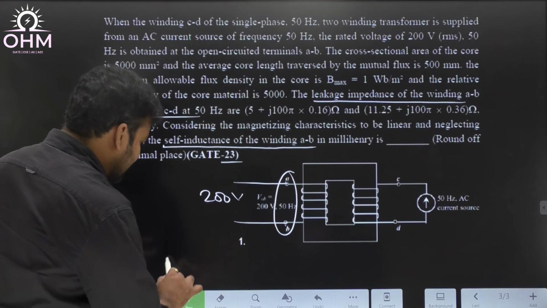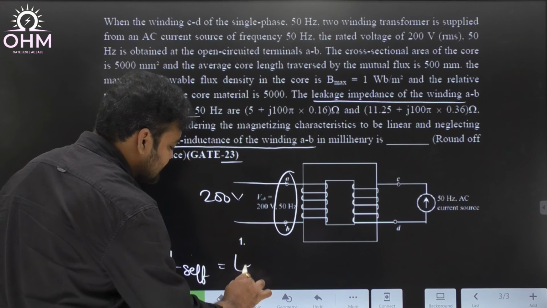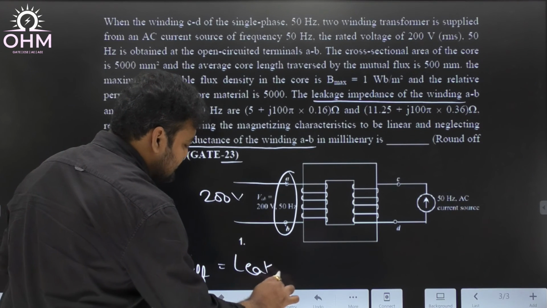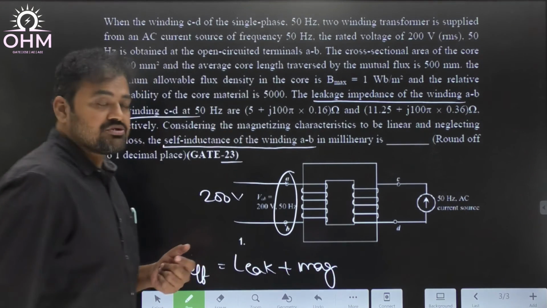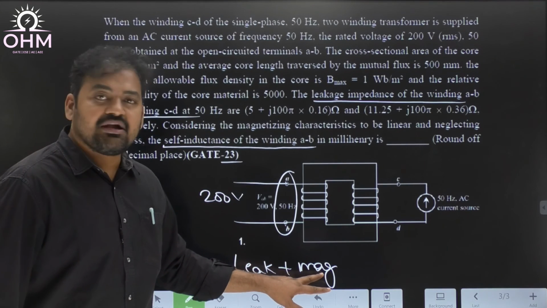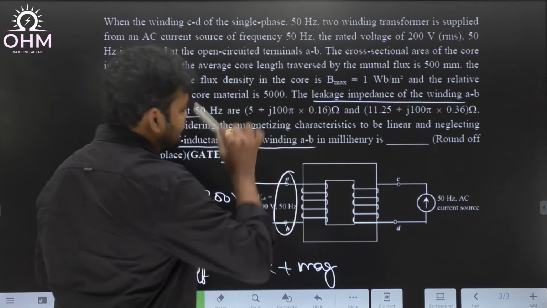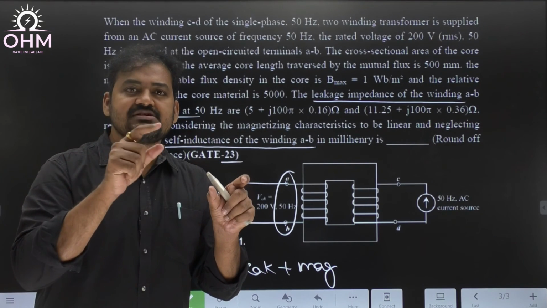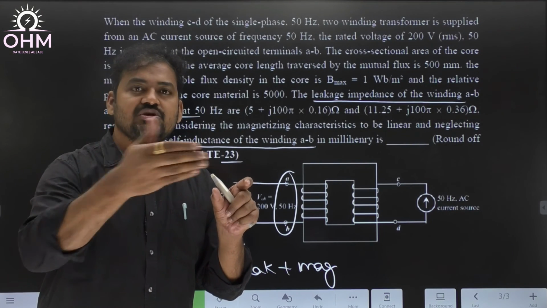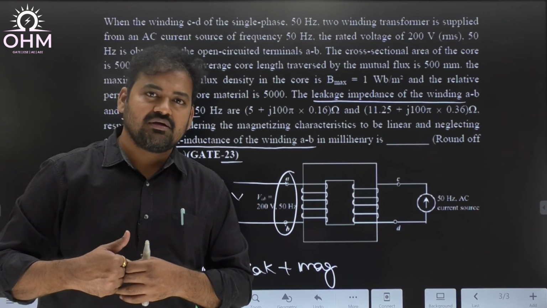We know self-inductance is equal to leakage inductance plus mutual, or you can say magnetizing, inductance. So first we will try to calculate the magnetizing inductance. Leakage inductance you can find out from leakage impedance. Leakage impedance will have leakage reactance. Reactance is equal to 2 pi f into L. So if I divide reactance by 2 pi f, I will get leakage inductance as well.